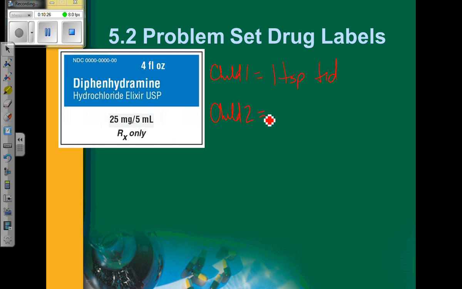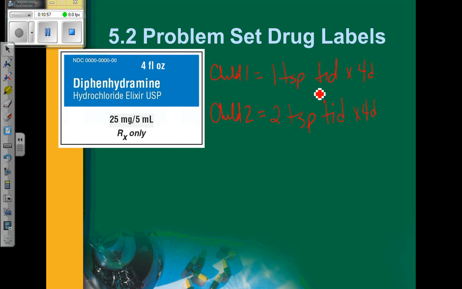Child 2 is going to take 2 teaspoons 3 times a day. Okay, so how many bottles of this diphenhydramine elixir will be needed to supply both for 4 days? So again, both of these are going to be doing it for 4 days. So I'm going to put 4D for days.